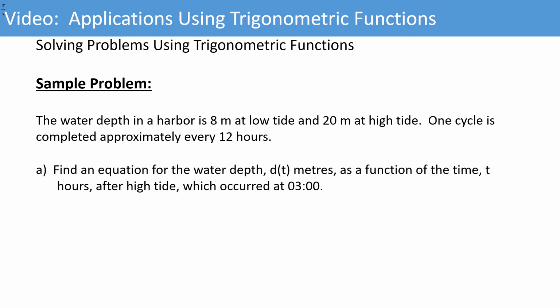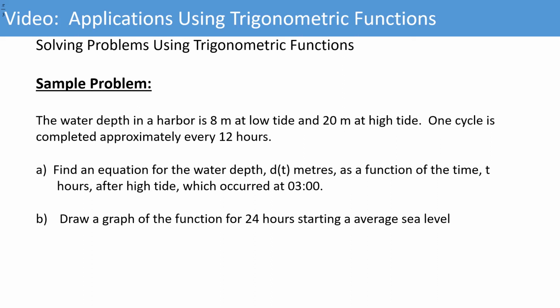Find an equation for the water depth, d meters, as a function of the time, t hours, after high tide, which occurred at 0300 hours. Draw a graph of the function for 24 hours starting at average sea level. Verify your answer using technology.